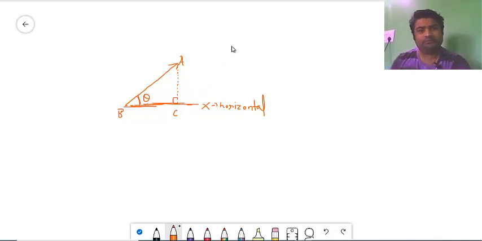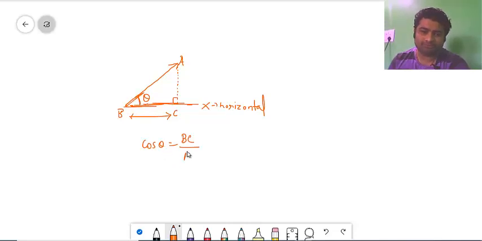If I calculate cos theta, what I get is base by hypotenuse. What is base here? Base is this one. And what is hypotenuse? AB. Let us say that AB is called A vector.